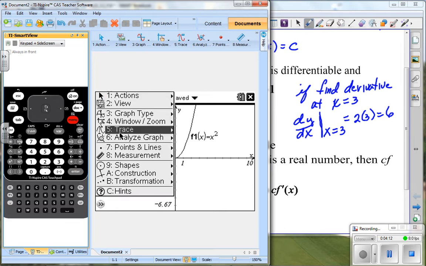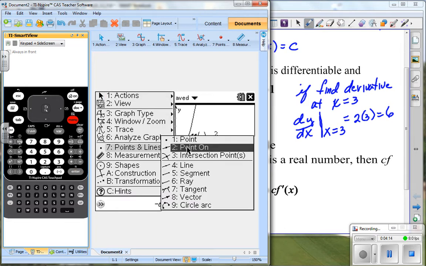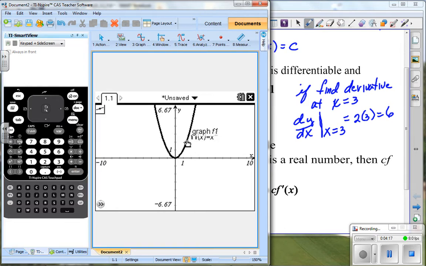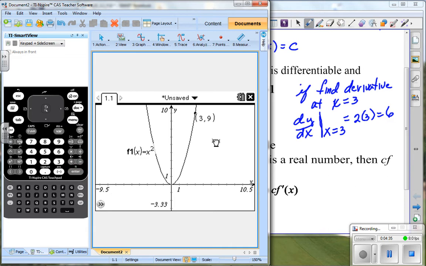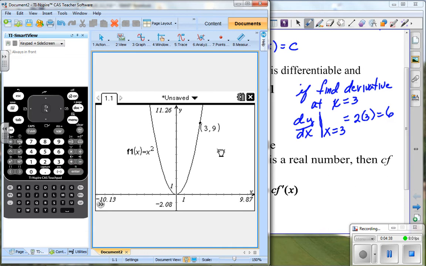I'm going to place a point somewhere around in this vicinity. I'm going to change the coordinates of this point to 3. And of course I've lost my point, but I'm just going to grab the screen. This is a grab and drag. I'll just grab the screen and bring it down here.